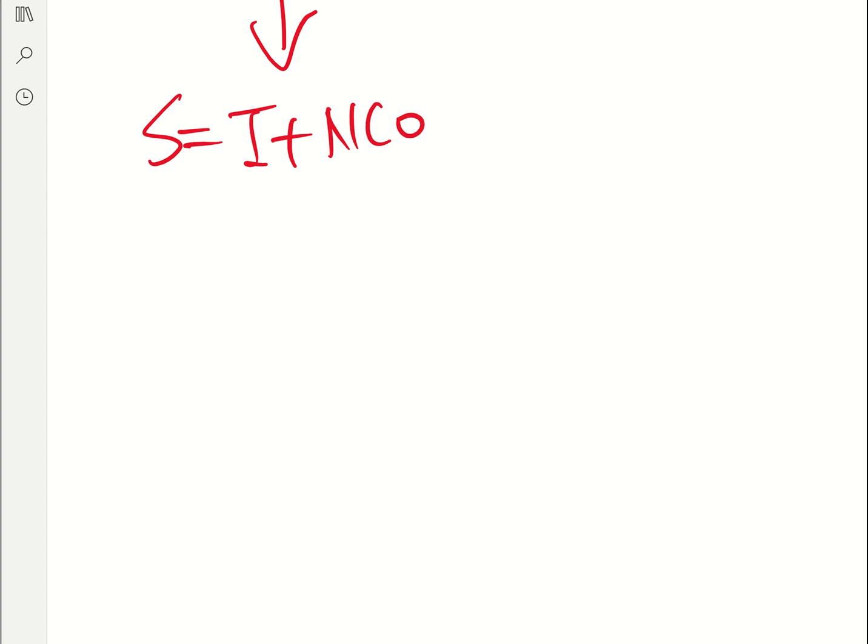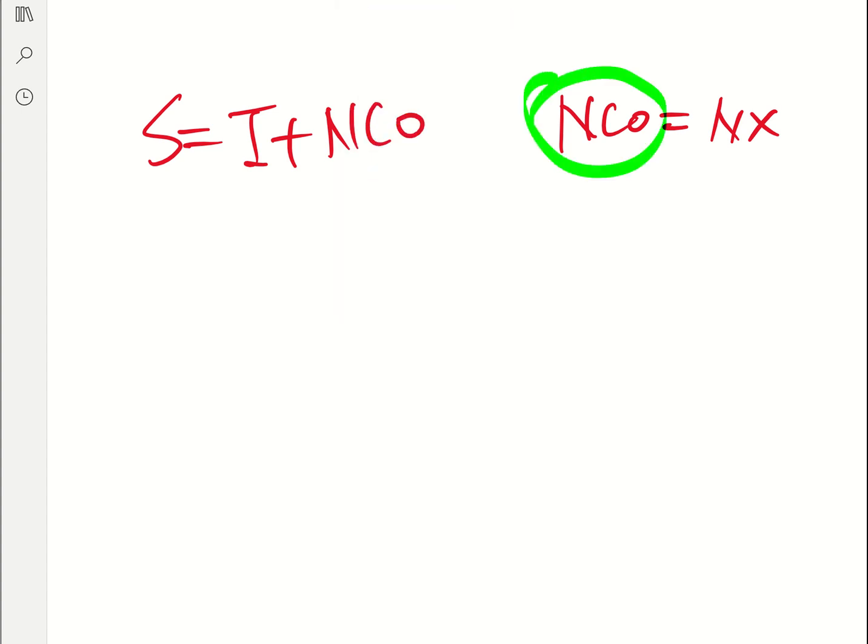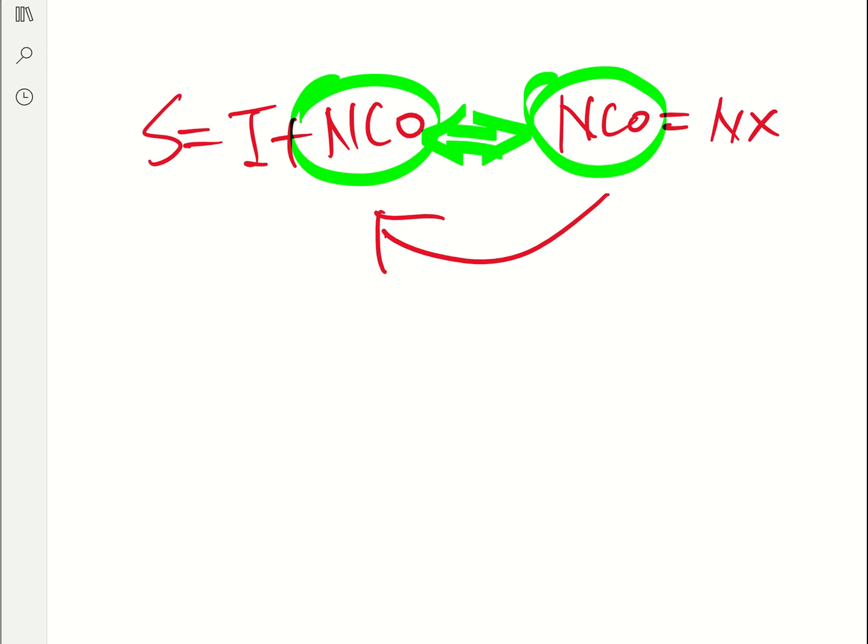And for the Forex market, NCO equals net export. Notice that both equations share one common term, the NCO. So this is the link between the two equations, and the link between the two markets. Whenever one market changes, it will impact the other market too.